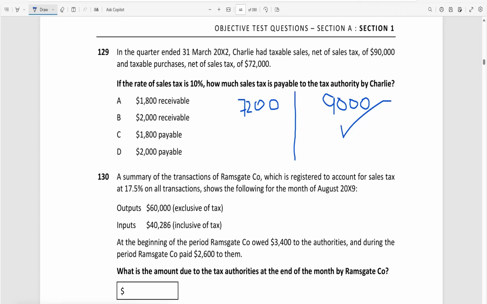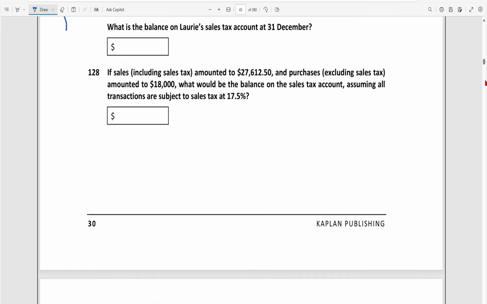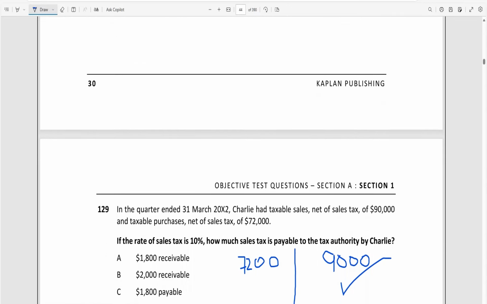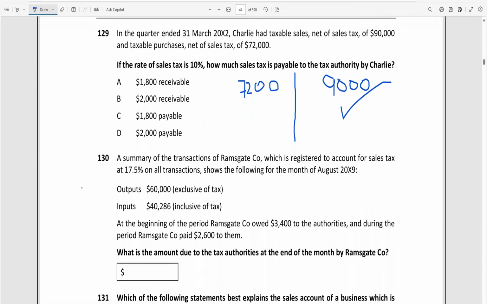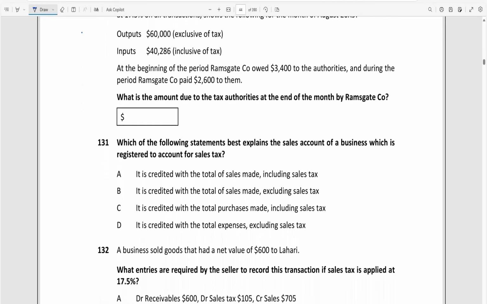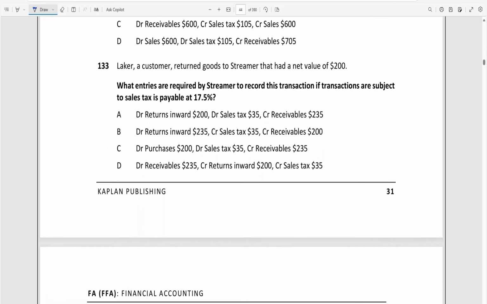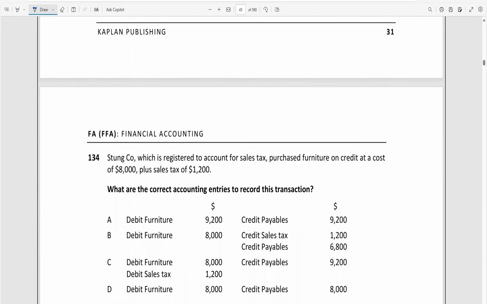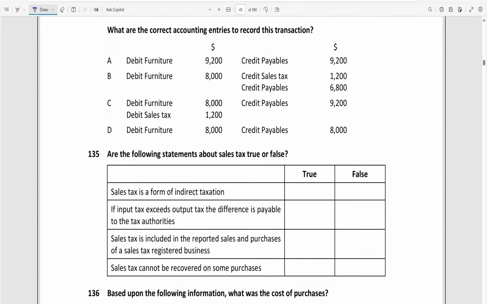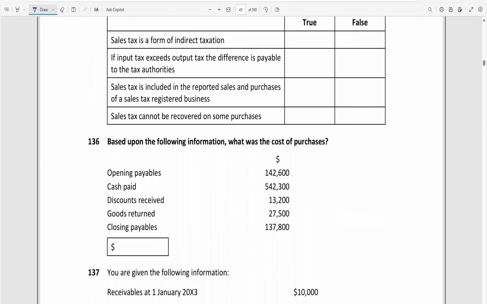Okay, so moving to the next question, and the question says, how much question is left? Let me check it out. So question number 134, 135. So there are lots of questions.